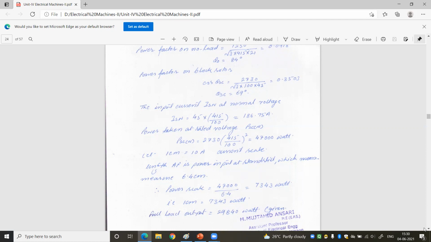So the no load current becomes 2.05 centimeter, and the short circuit current, which is 186, becomes 18.6 centimeter. So the power scale is calculated: 1 centimeter is equal to 7,343 watt.